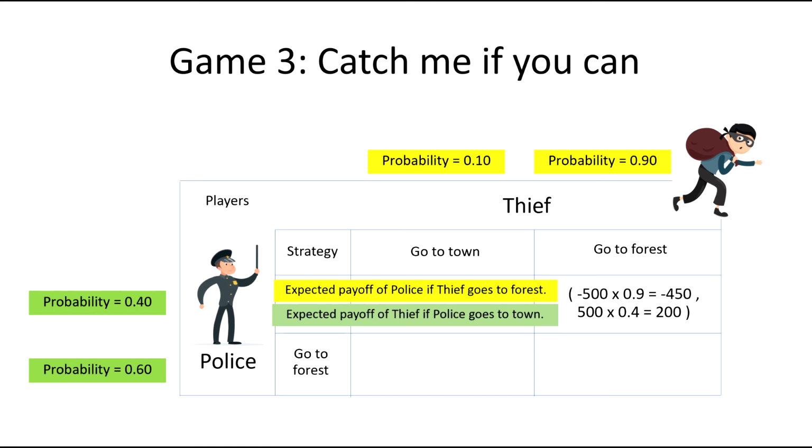Therefore, he expects that the police will go to the forest with a probability of 60% and go to town with 40%. So this is reading the mind of the police by the thief. It is the thought of the police, but the thief reads that thought, reads that mind.